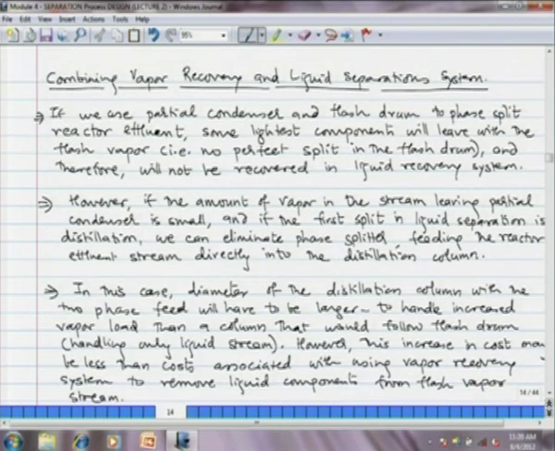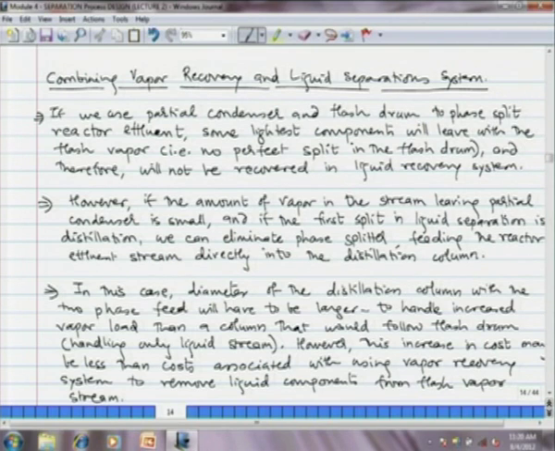Now, let us see how we can combine vapor recovery and liquid separation systems. If we use a partial condenser and flash drum to phase split the reactor effluent, some lightest components will leave with the flash vapor, as there is no perfect split in the flash drum, and therefore will not be recovered in the liquid recovery system.